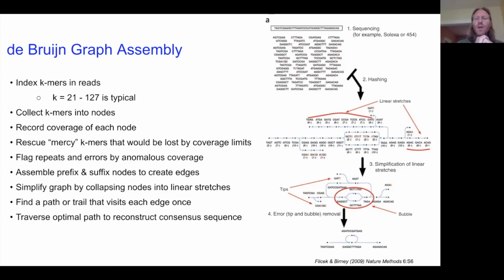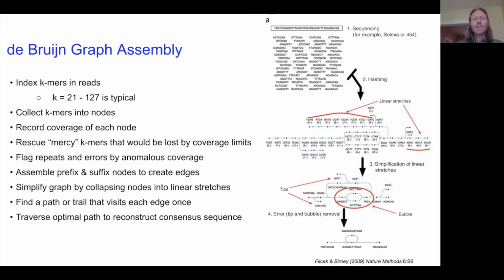Another task in the assembly process is often to rescue k-mers that would otherwise be lost. In order to avoid the making of bubbles due to sequencing error, a lot of assembly pipelines just throw out singleton k-mers, or they don't include them in the primary step. That's to avoid unnecessary complexity in the assembly process.